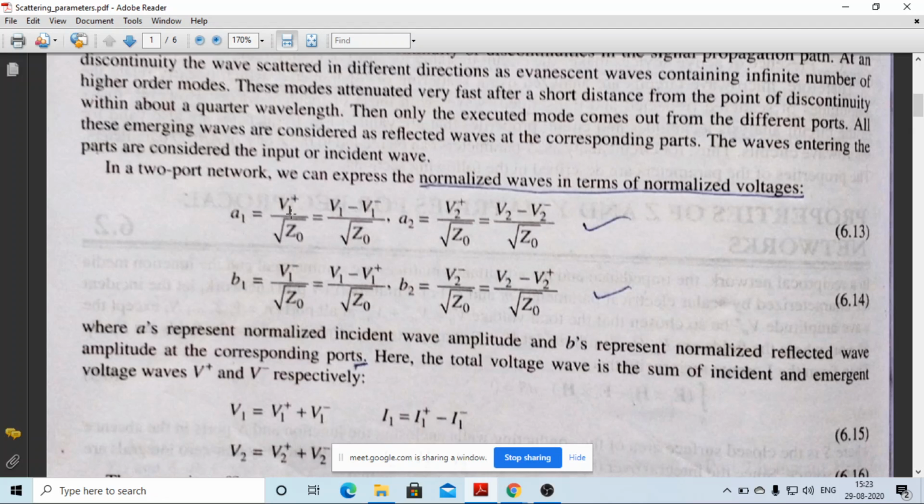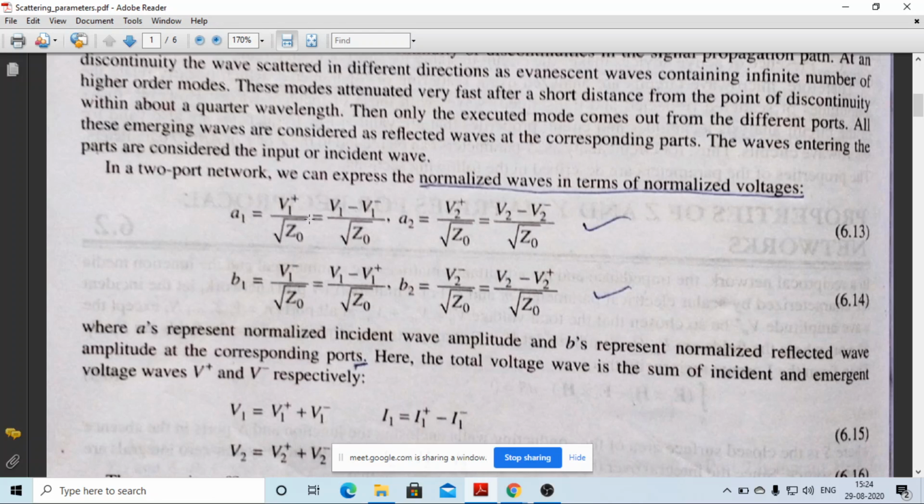So A1 is equal to V1 plus divided by under root Z0. When you square A1, V1 plus square is divided by Z0, so it comes in the form of normalization. So in A1 we already have the term of Z0, and in the equation of Pin and Prn there is no term for the impedance, that is, the characteristic impedance.